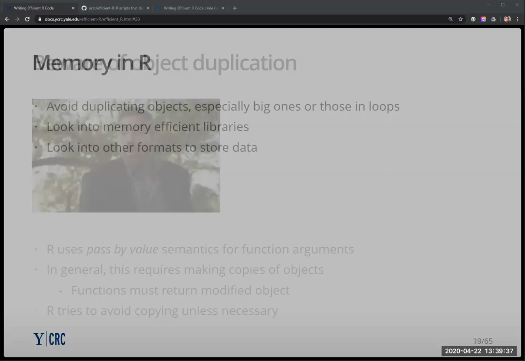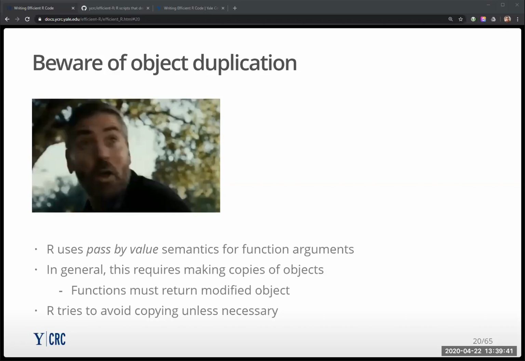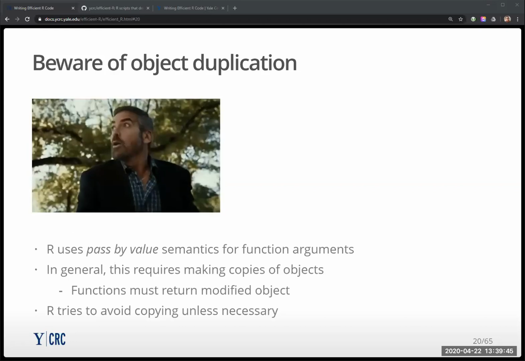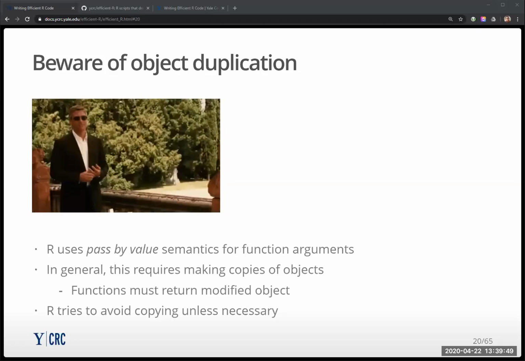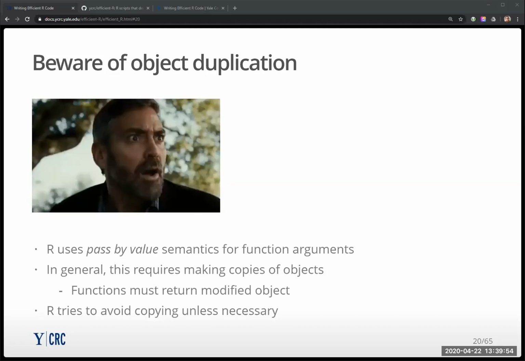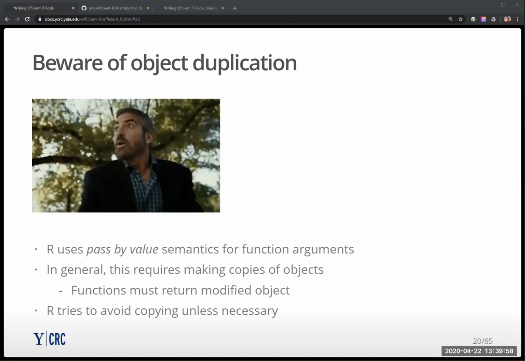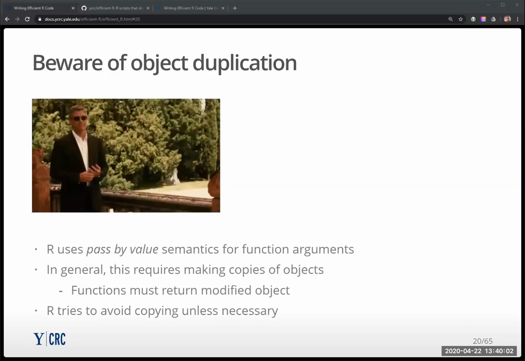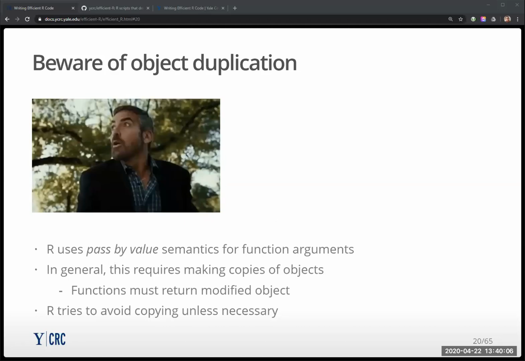So R, even when you try not to, likes to duplicate your objects. And this is because of a language design implementation decision that was made. It uses what's called pass by value semantics for function arguments.